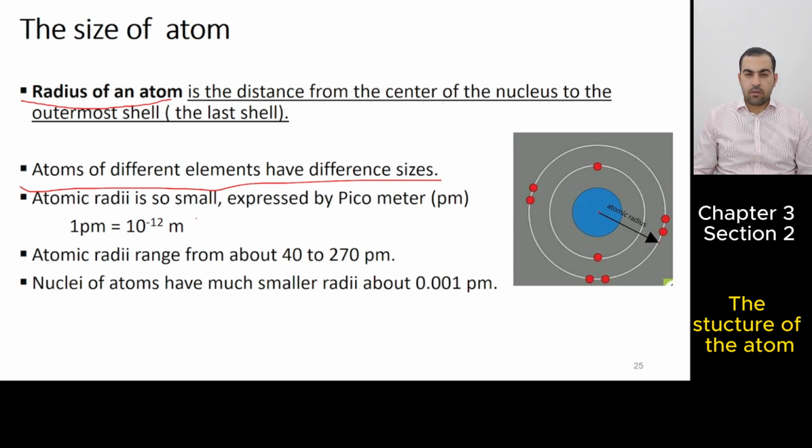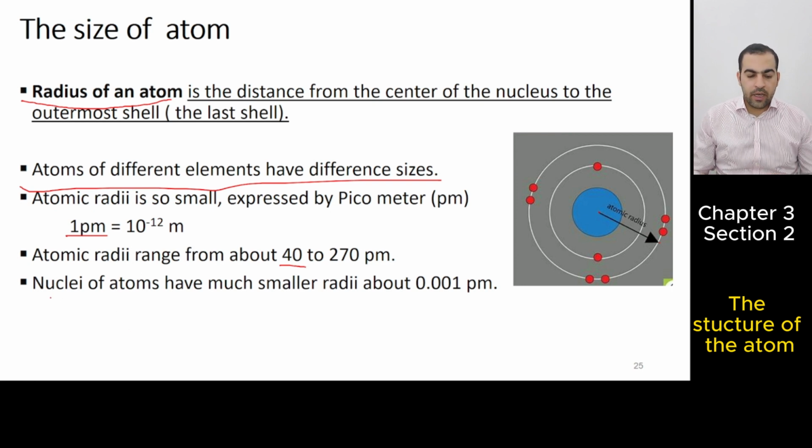Atomic radii are so small, they are expressed in picometers. The size of an atom is very, very small. We don't use meter or centimeter. We use picometer. 1 picometer equals 10 to the power minus 12 meter. Atomic radii range from about 40 to 270 picometer. It means the smallest atom in nature has 40 picometer, and the largest atom in nature has a size of 270 picometer.